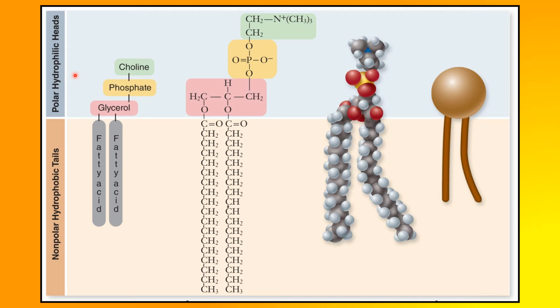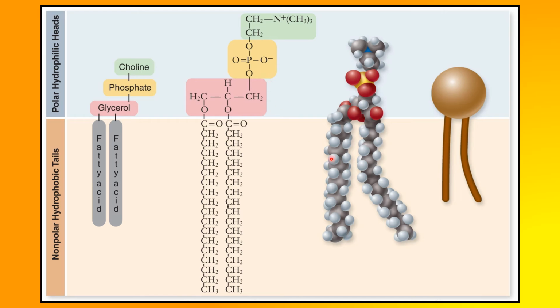We call that the hydrophilic head or the polar head or the phosphate head versus the lipid chains or the lipid tails, which are hydrophobic. Here's another way to look at it. There's your 3 little carbons from glycerol, your 2 long-chain fatty acids, and there's your PO4 representing your little phosphate group.